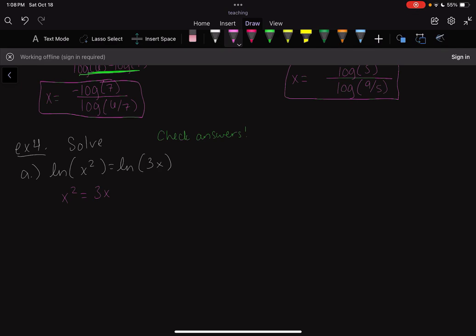You can't divide by a variable. You can move everything to one side and you can factor out a variable, but you do not ever want to actually divide by a variable. What this gives me is x equals 0 and x minus 3 equals 0, which is x equals 3.